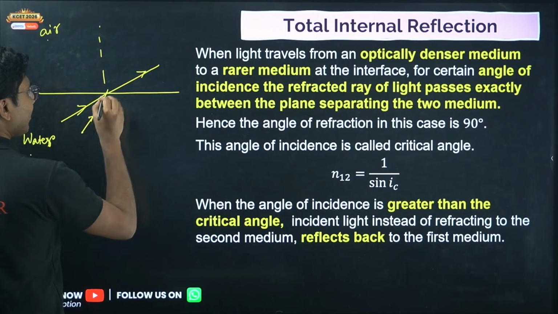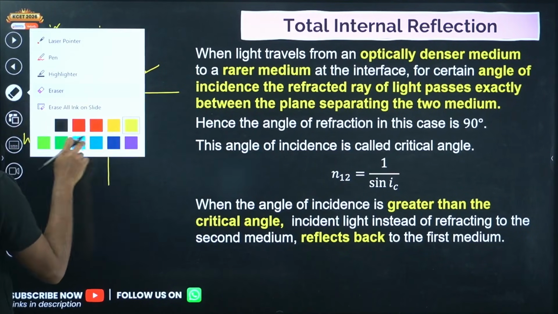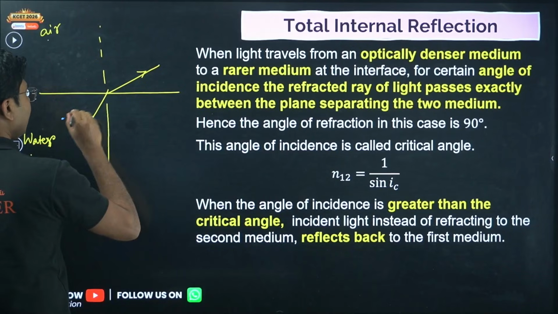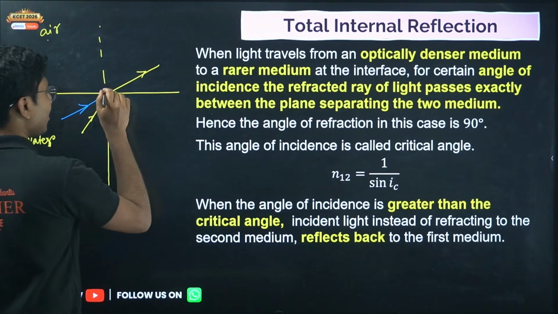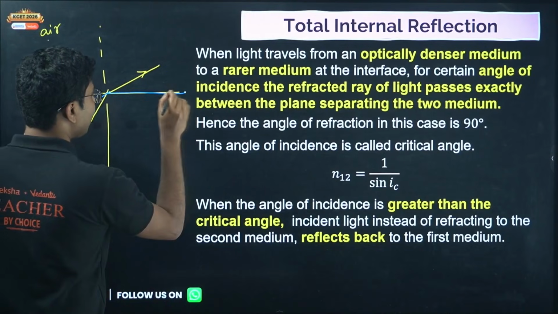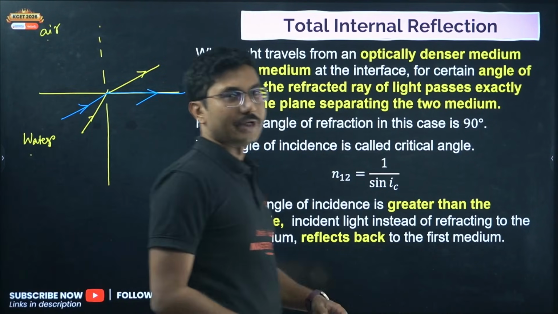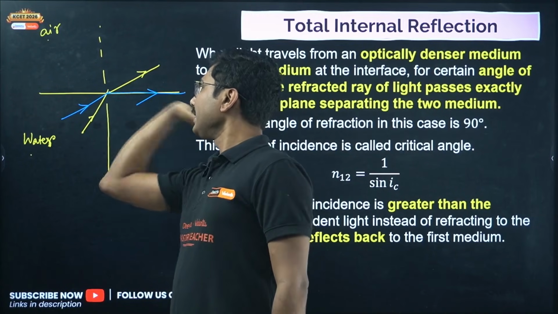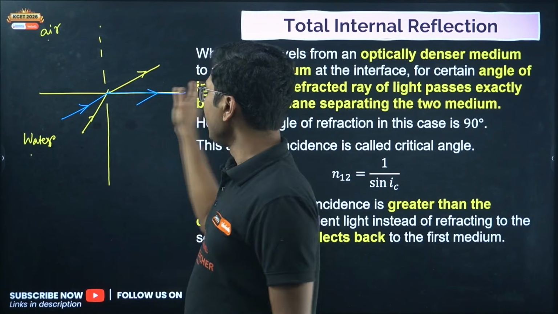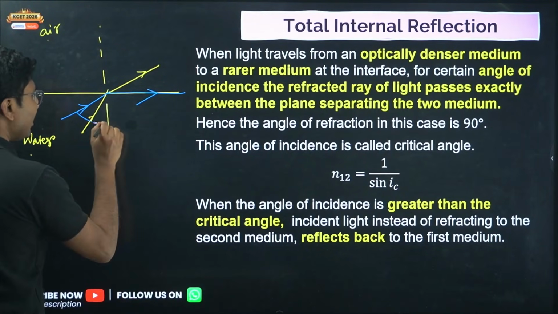If you increase the angle of incidence, the ray after passing over here travels exactly between the planes separating the two media. So as you increase the incident angle, the ray is bending, and then it moves straight along the plane separating the media. So this angle is called the critical angle.